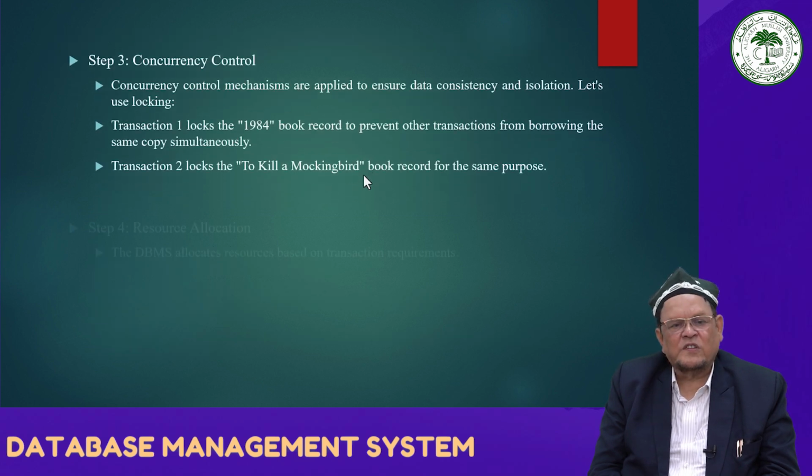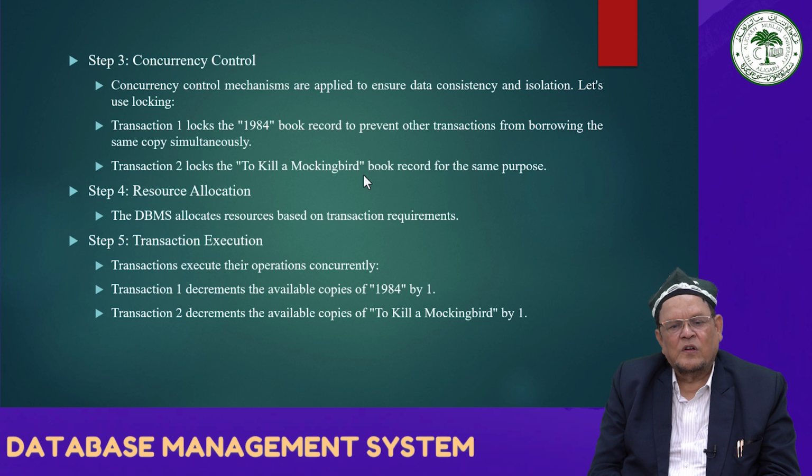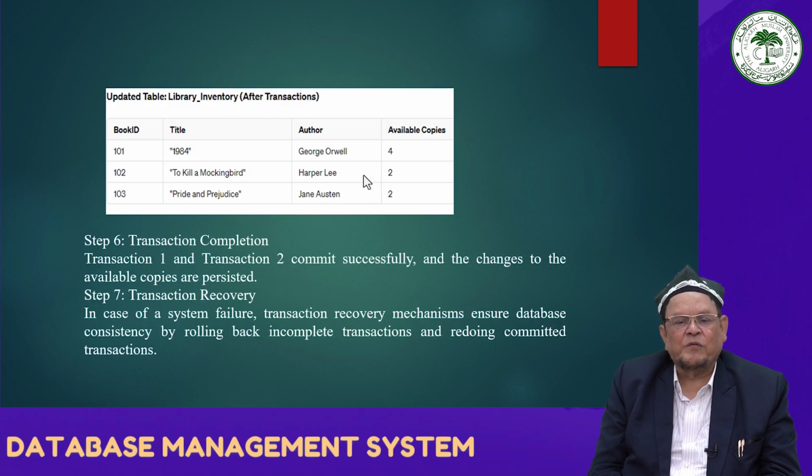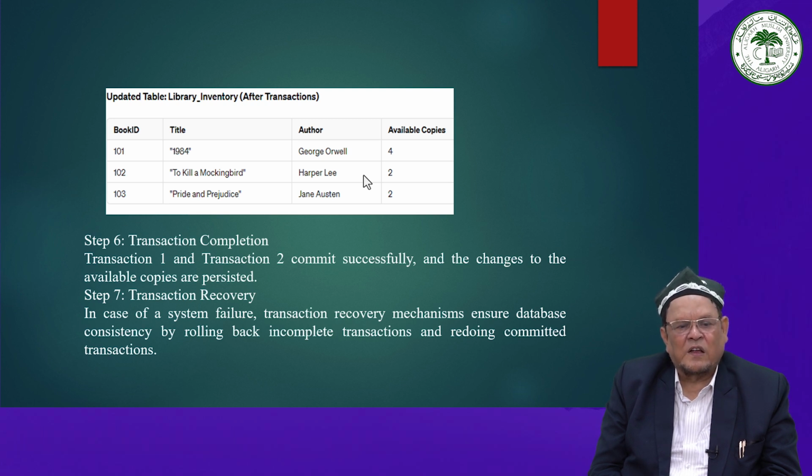After the transactions, you can see on this screen the 5 becomes 4 and the 3 becomes 2. Sixth step, transaction completion. Transaction 1 and transaction 2 commit successfully and the changes to available copies are persisted.